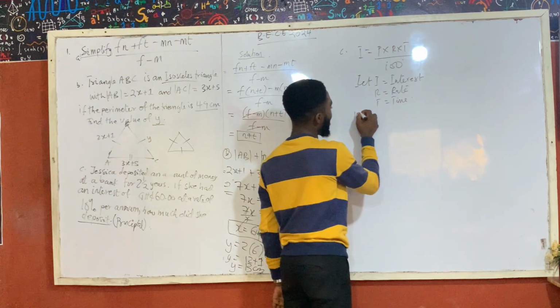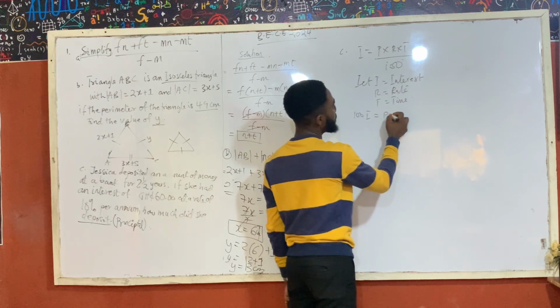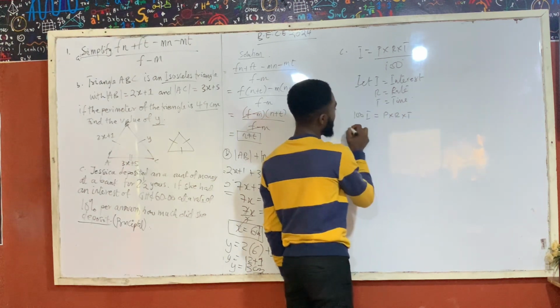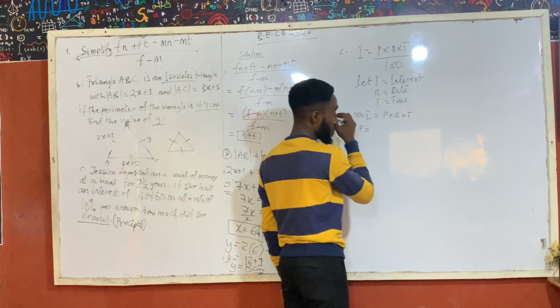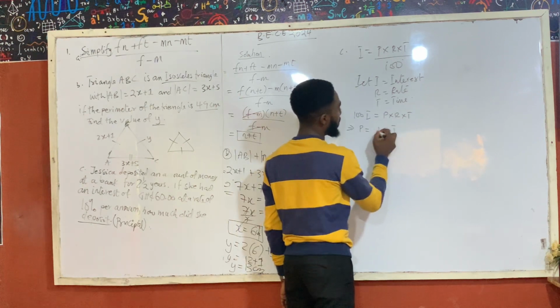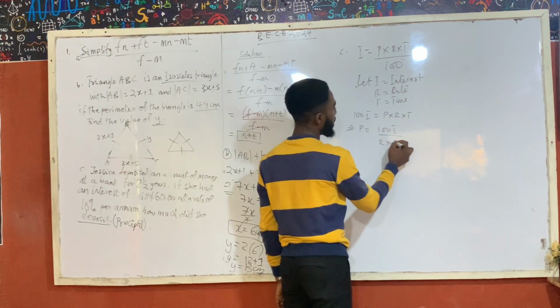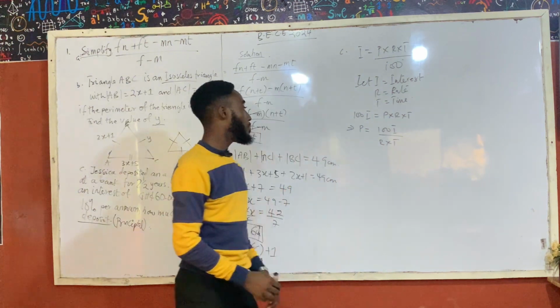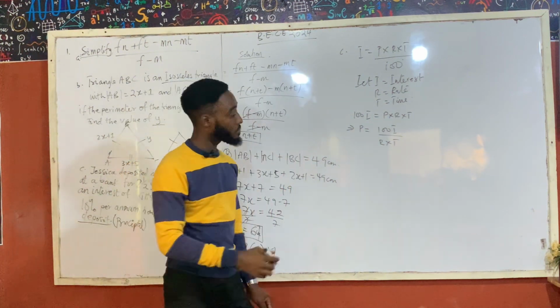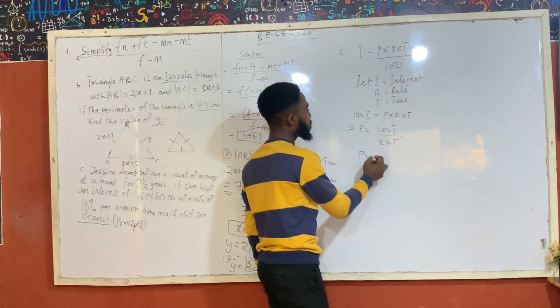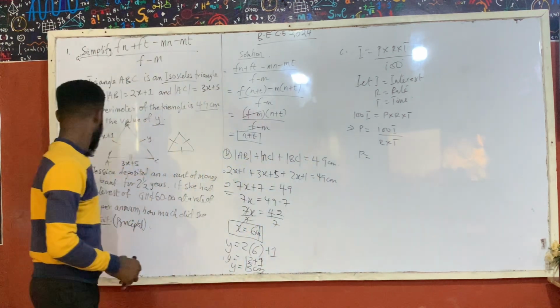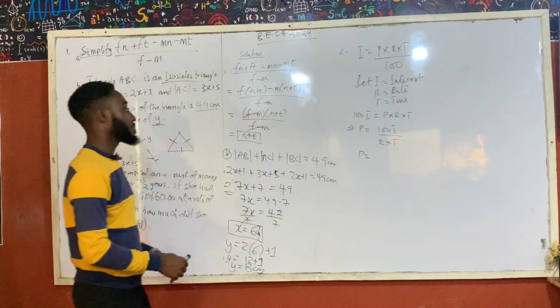It will be 100I is equal to P times R times T. This implies that P is equal to 100I all over R times T. And then P will be equal to, what's the interest? 60.